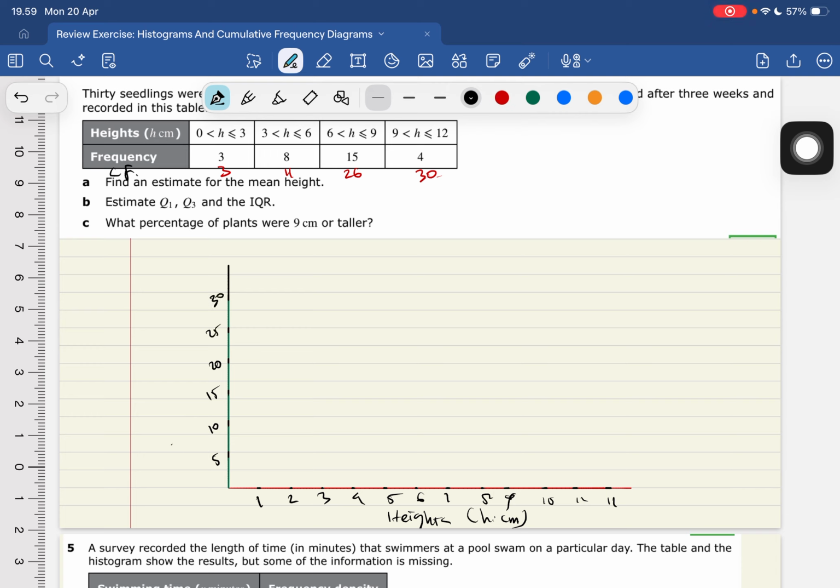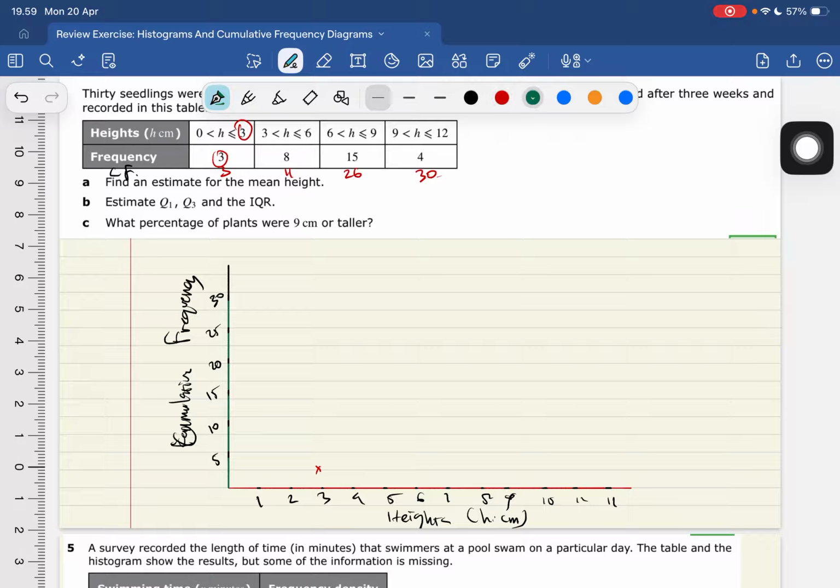Here is the cumulative frequency. Okay, look at that. This is 3, the last, and here is 3.